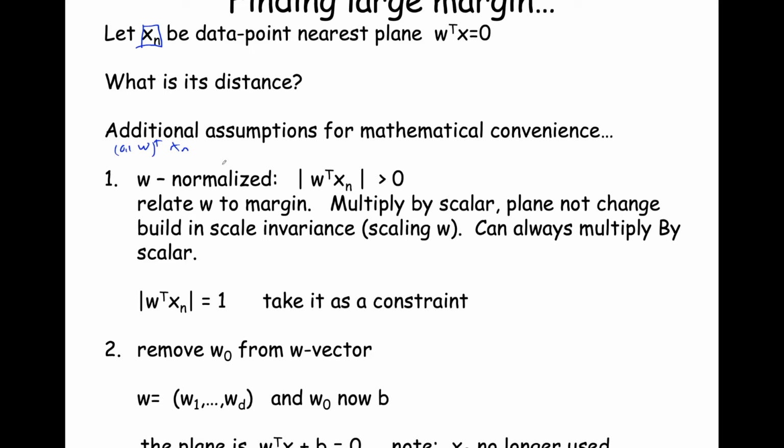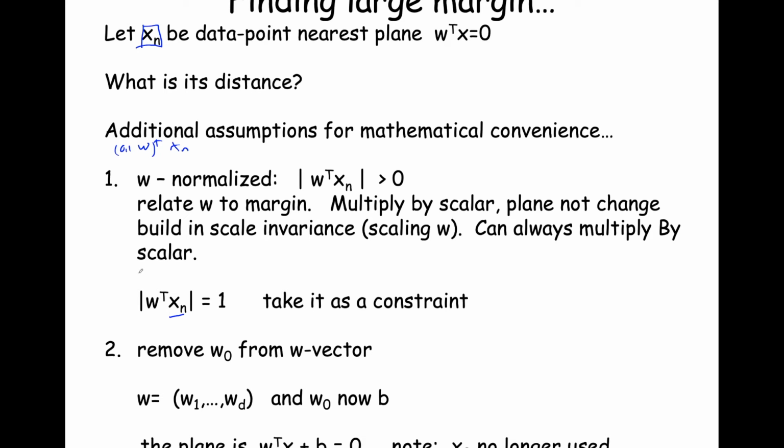It just changes the score. And we can multiply this hyperplane by such a scalar that W transpose xn, where xn is that closest point to the plane, in absolute value is equal to 1. And so if W transpose xn is equal to 1, and xn is the closest point to the plane, any point that's not closest to the plane is going to have this absolute value of W transpose xn greater than 1.